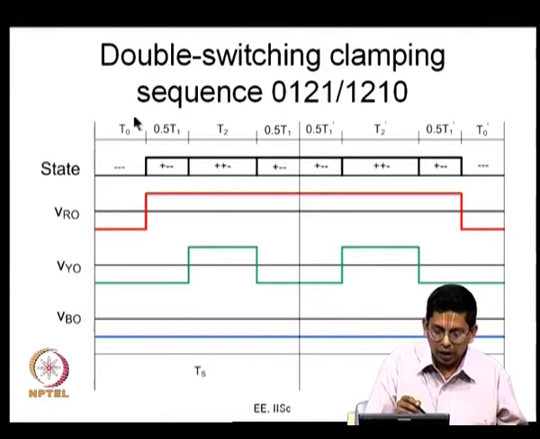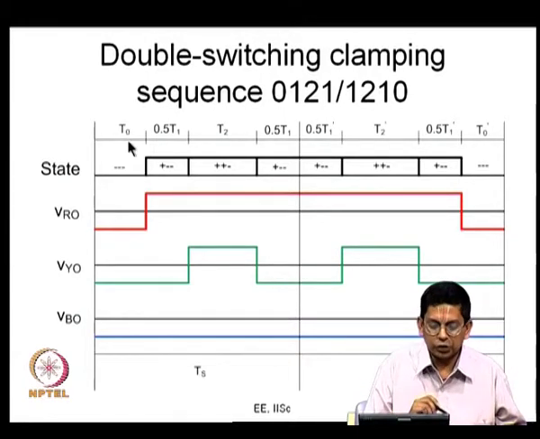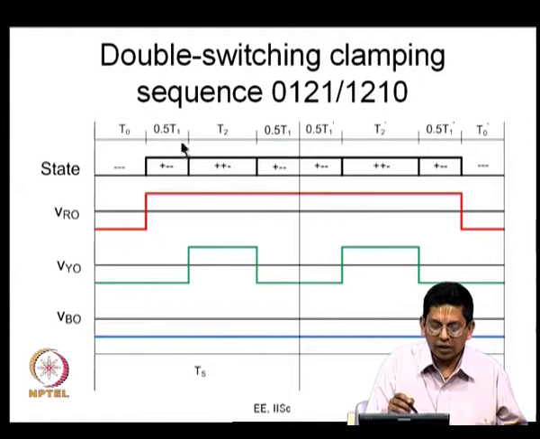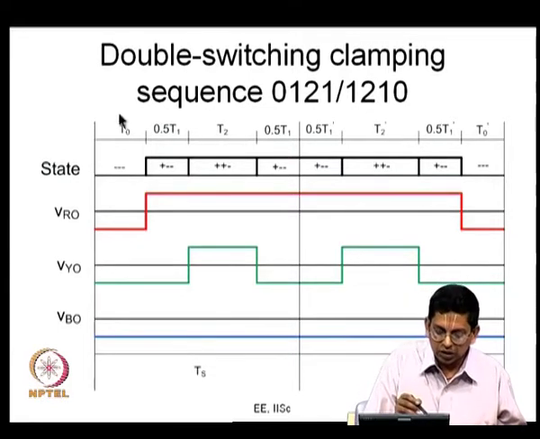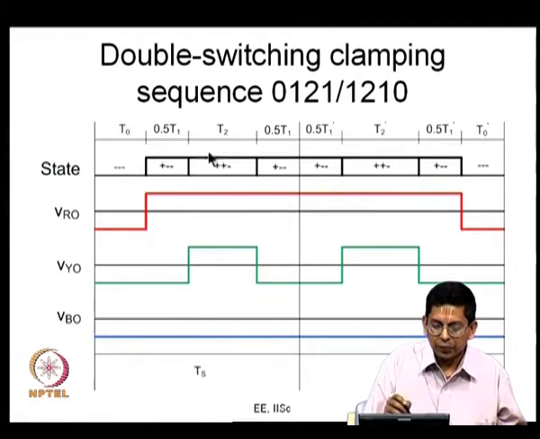What am I doing? I am applying 0 for T0 seconds, then I am applying 1 not for T1 seconds, but for 0.5 T1 seconds. Then I am applying active vector 2 for T2 seconds as before. Then I am going back to state 1 and applying this for 0.5 T1 seconds. So, the null vector is applied through only one 0 state, minus minus minus, for Tz.